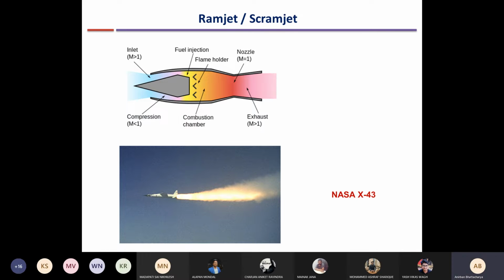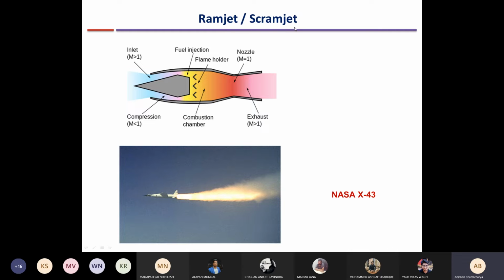Apart from this, there have been some other engines which are not used widely for civilian or military aircraft, but have been designed and used experimentally and sometimes for other applications, like cruise missiles.